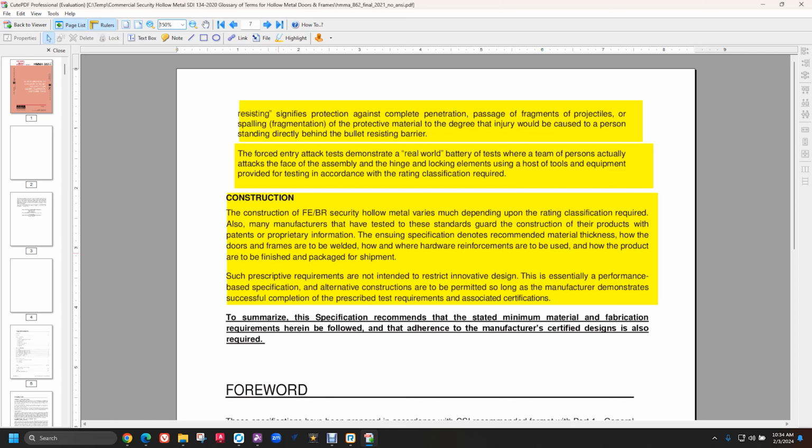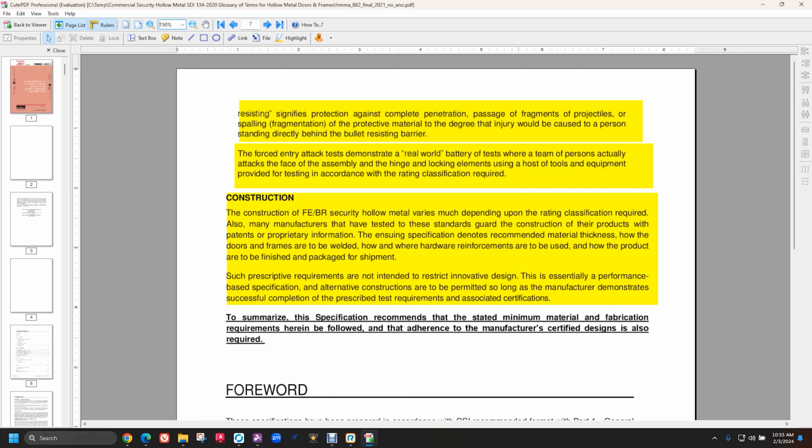The construction of FEBR security hollow metal varies much depending upon the rating classification required. Also, many manufacturers who have tested to these standards guard the construction of their products with patents or proprietary information. The ensuing specification denotes recommended material thickness, how the doors and frames are to be welded, how and where the hardware reinforcements are to be used, and how the product is to be finished and packaged for shipment.